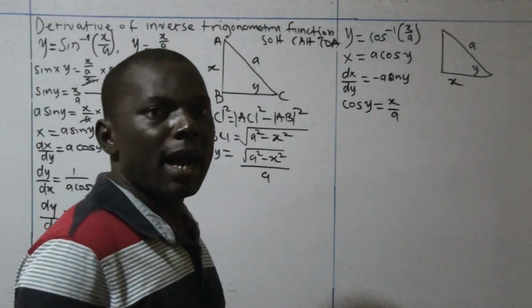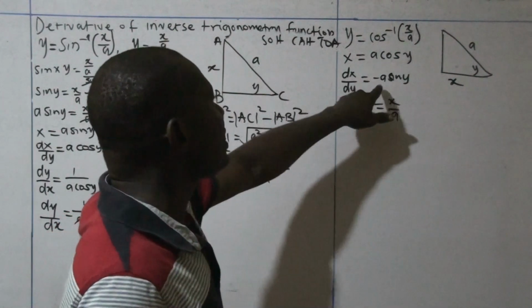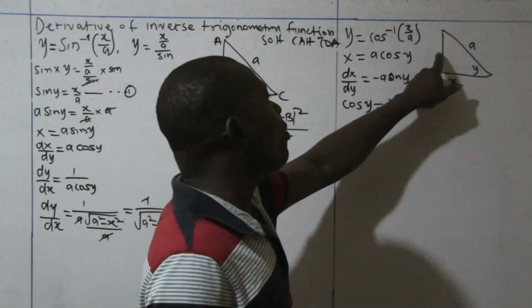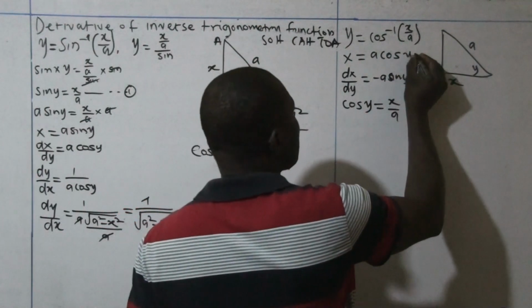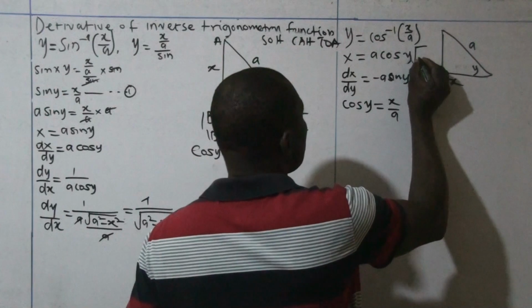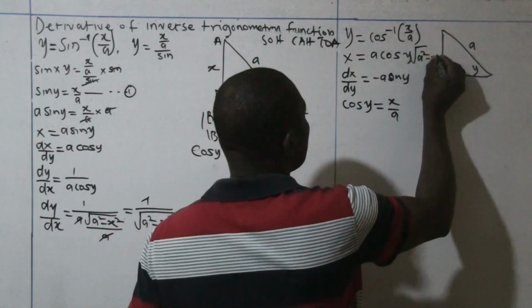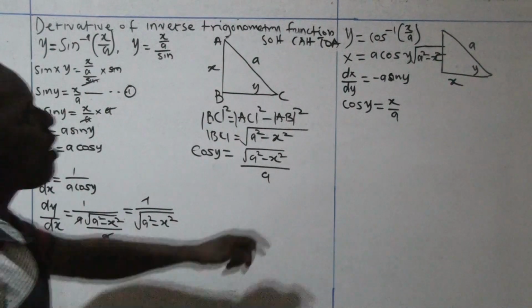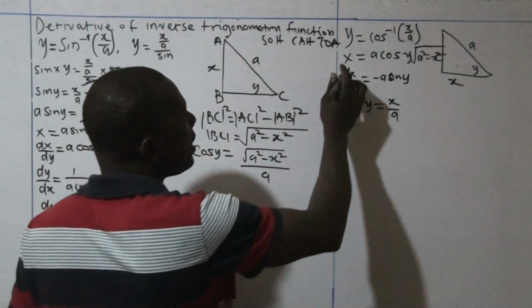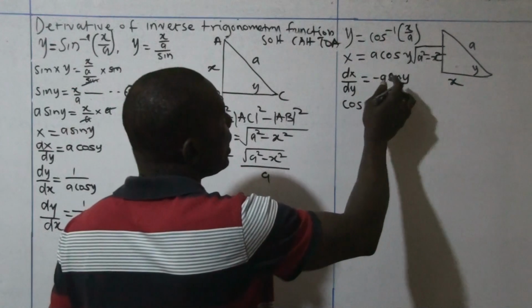We need sine, and sine is opposite over hypotenuse, so we find an expression for it, which becomes the square root of a squared minus x squared. So we have established that dx/dy is minus a sin y.